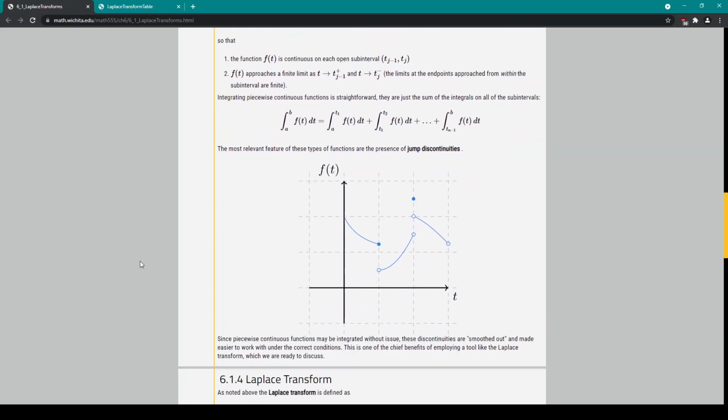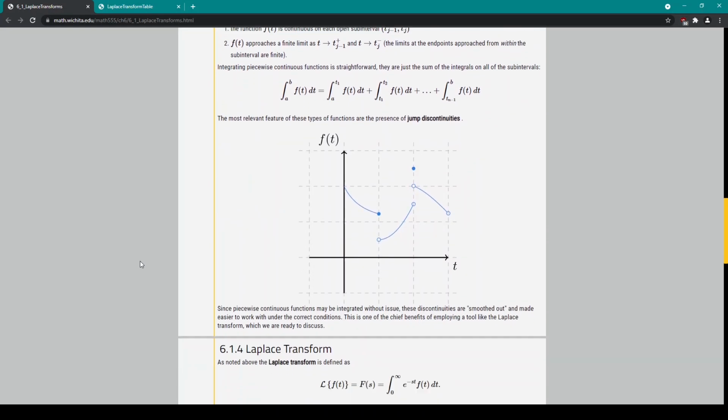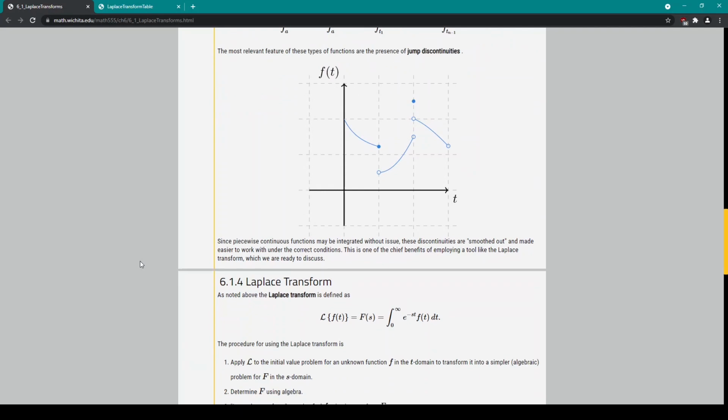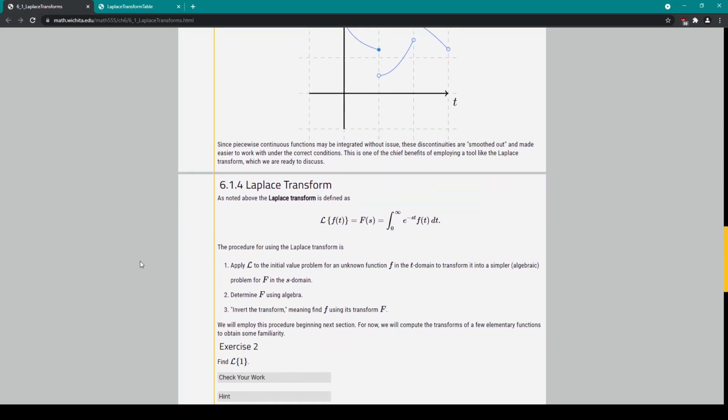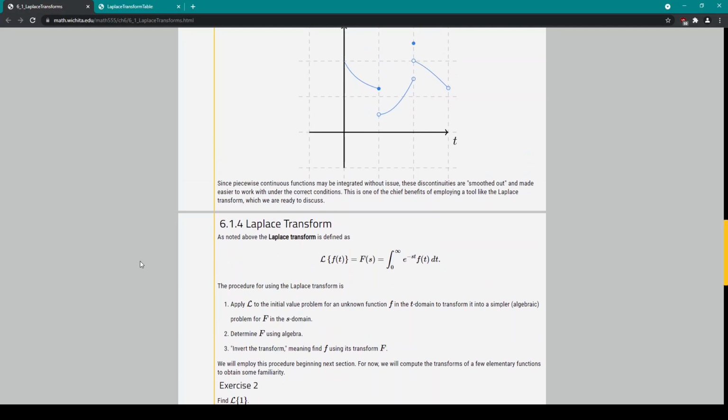So if we have some problem where we need to compute the integral of something, and there are jump discontinuities in it, we just break it up into pieces as necessary, and as long as there are finitely many pieces, there isn't anything to worry about.